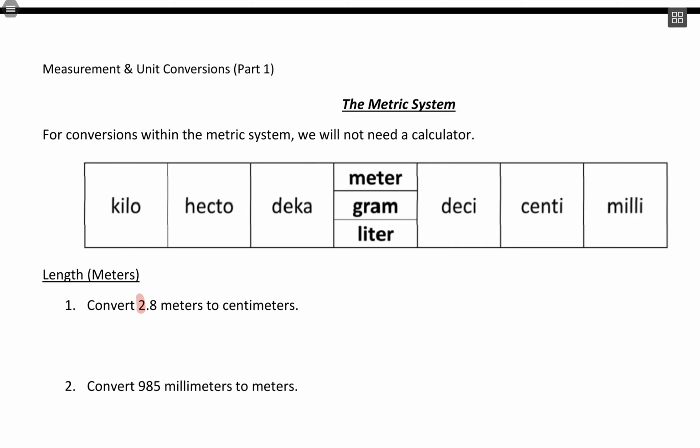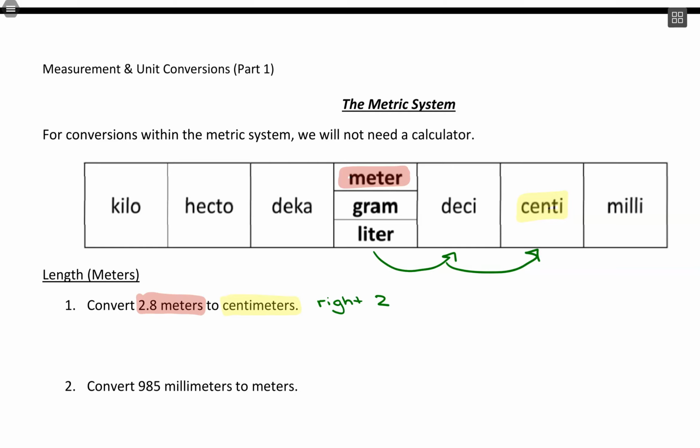We're converting from 2.8 meters into centimeters. With my picture up here, we're starting with meters, which means we're starting in the middle right here, and I want to convert to centimeters. In terms of location, if I'm starting at meters, I would have to go 1, 2. So I'm moving 2 to the right.